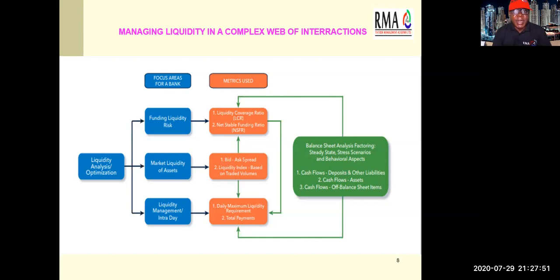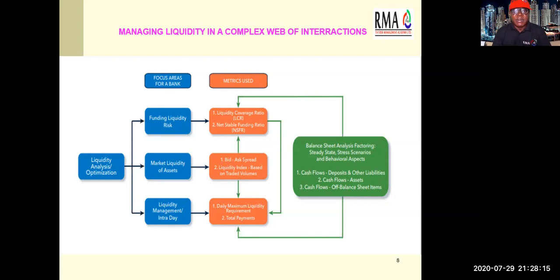But in trying to deal with these three areas, there are certain metrics, measures that every bank needs to keep track of. For the funding liquidity risk, the metrics to be used are the liquidity coverage ratio and the net stable funding ratio as specified under the Basel III Capital Accord.